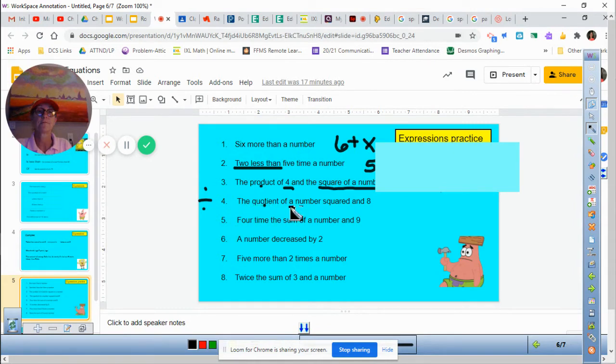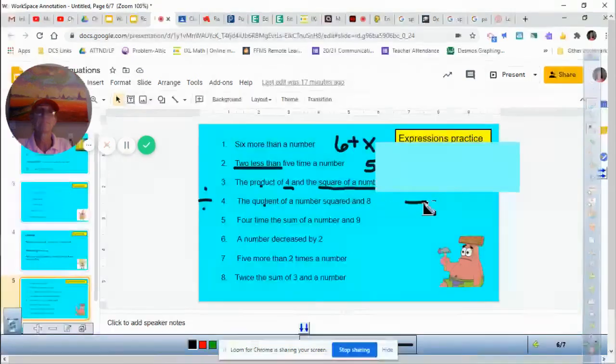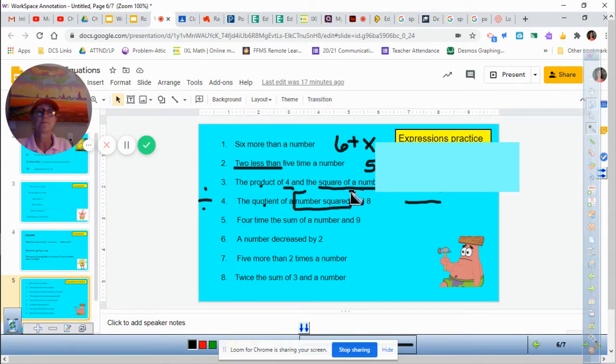So the quotient of a number squared and 8. It said the quotient, so I'm going to put a fraction bar. Now, what 2 things am I dividing? I'm dividing a number squared and 8. So that's what you write for the quotient of a number squared and 8. Number 5, 4 times the sum of a number and 9.